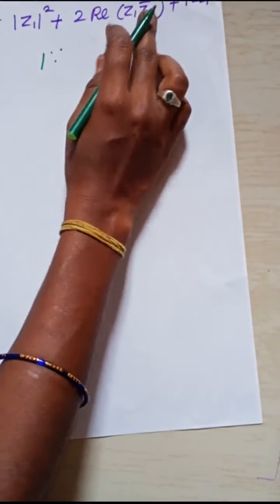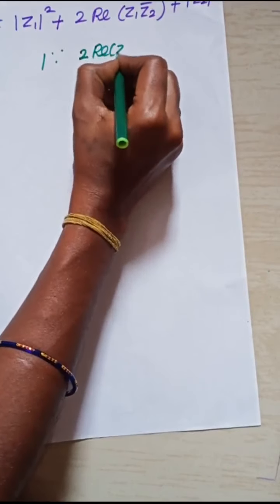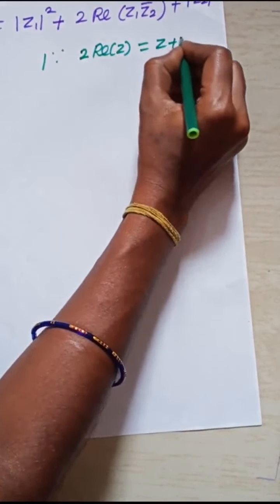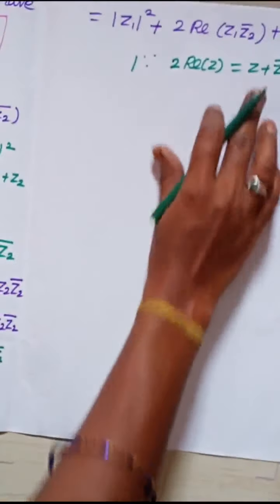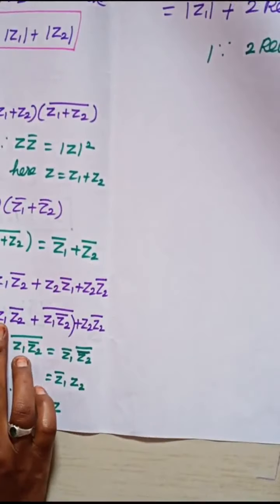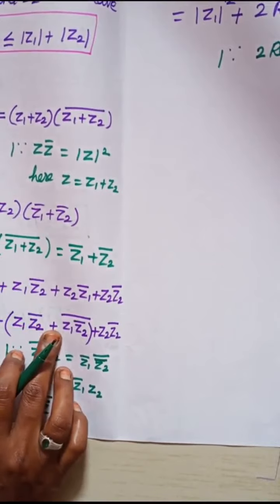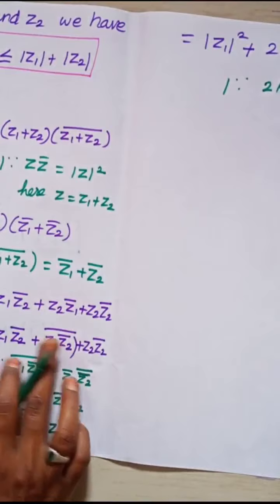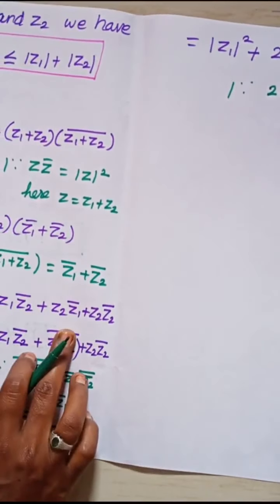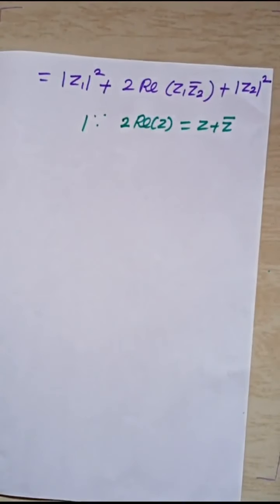Why do we write 2 into real of z1 z2 bar? We know the result 2 into real of z is equal to z plus z bar. Here z is z1 z2 bar, plus z bar, the whole bar, so we can write it as 2 into real of z1 z2 bar.